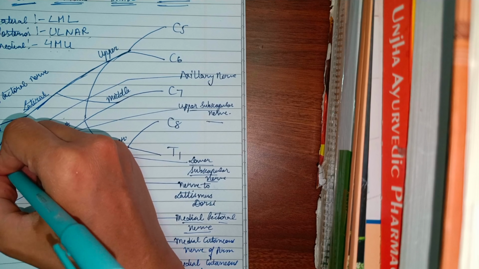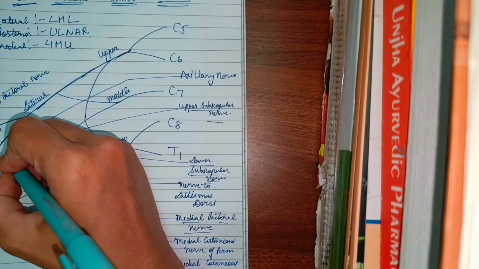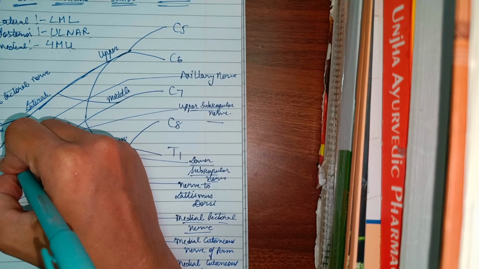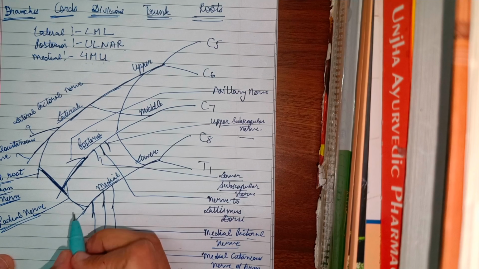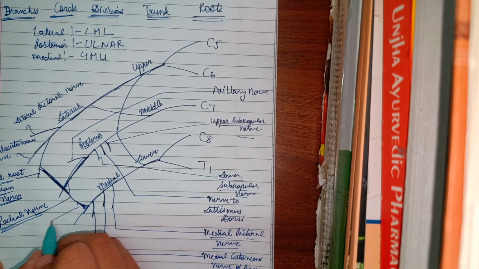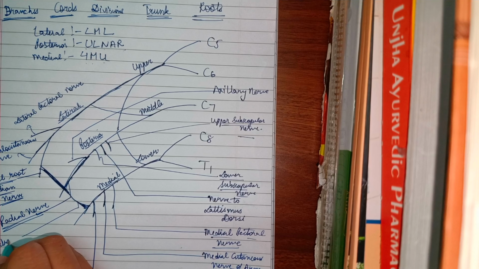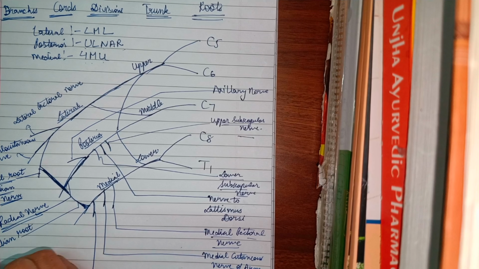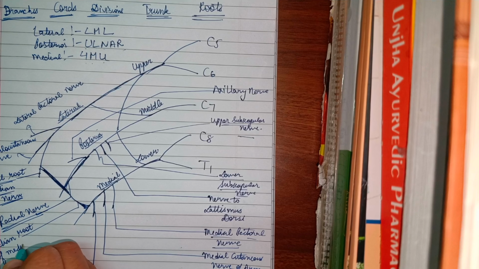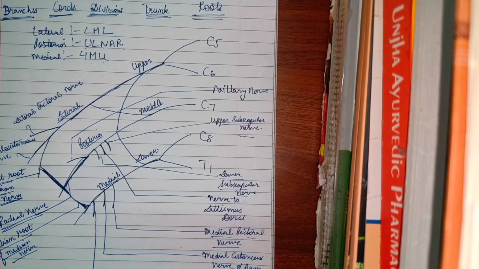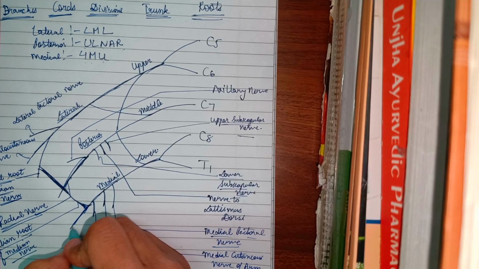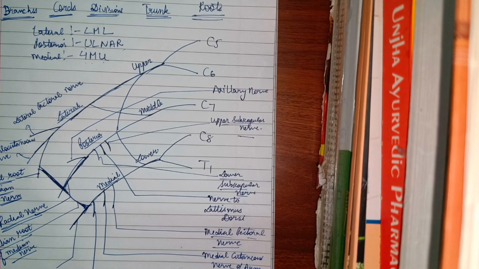See, you have to join it. So what is this? Medial root of median nerve. And the last branch is ulnar nerve.